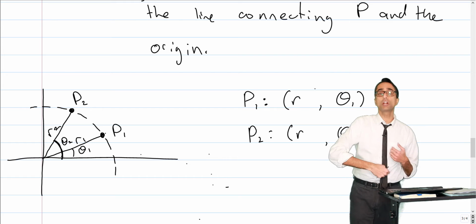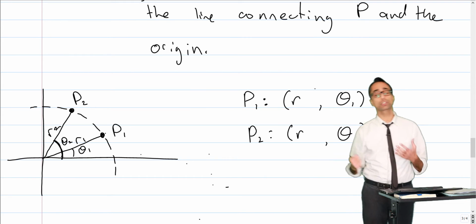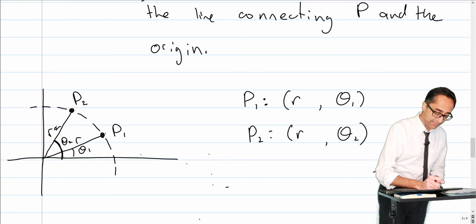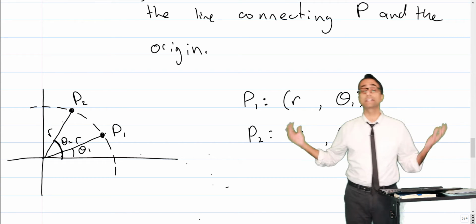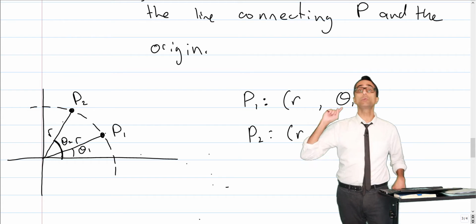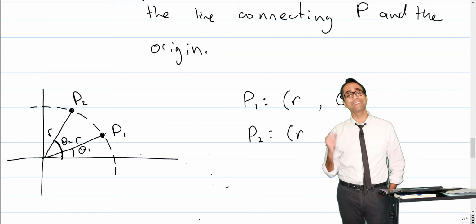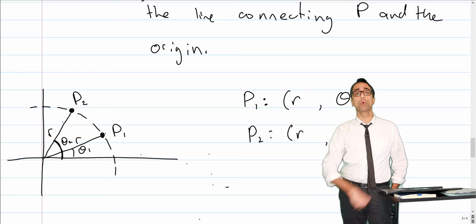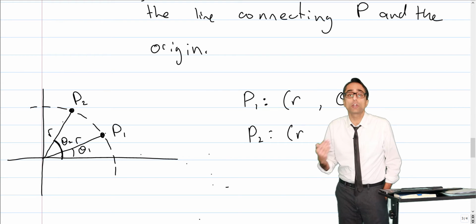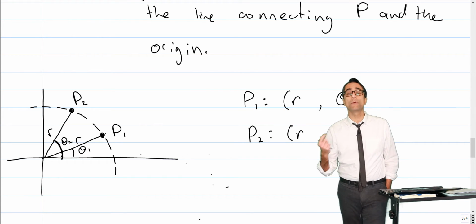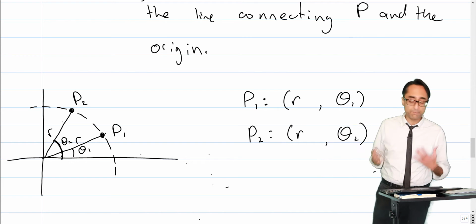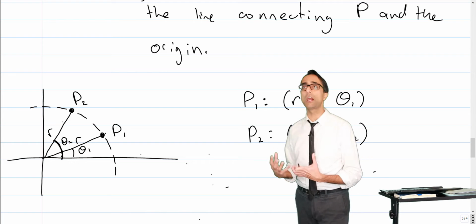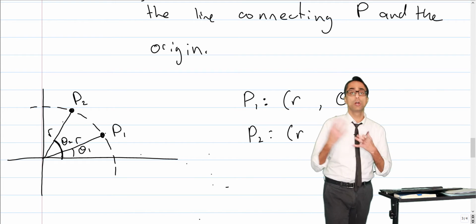That r is constant for the entire circular motion, meaning I have not one thing that changes, not two things that change, x and y, but only one thing that changes, and in this case, it is theta. The theta varies as we go around the circle, but the r doesn't change. The r remains constant. And what we've basically done is we've reduced the number of positional unknowns from 2 to 1.